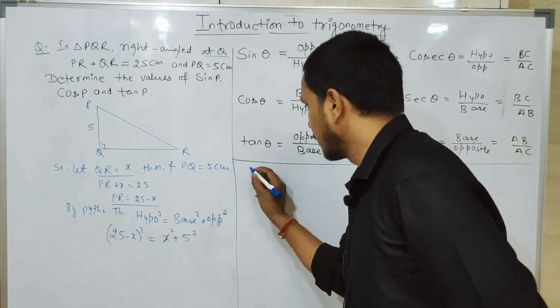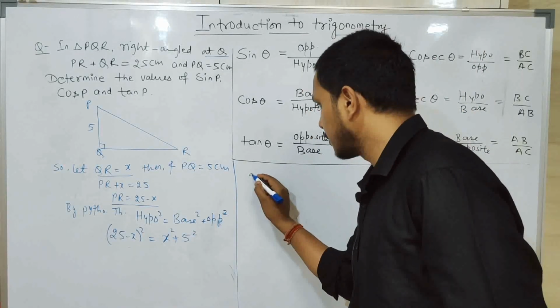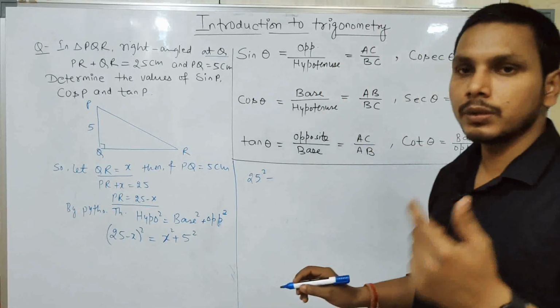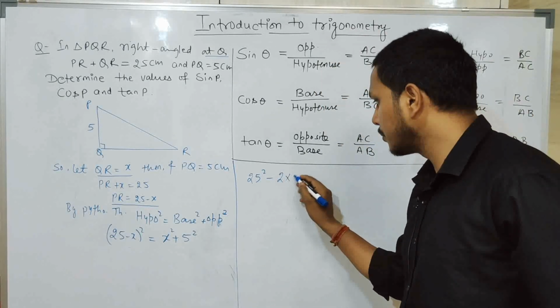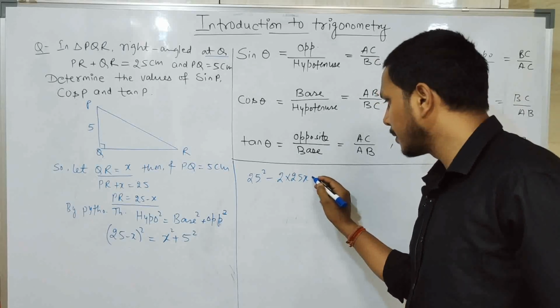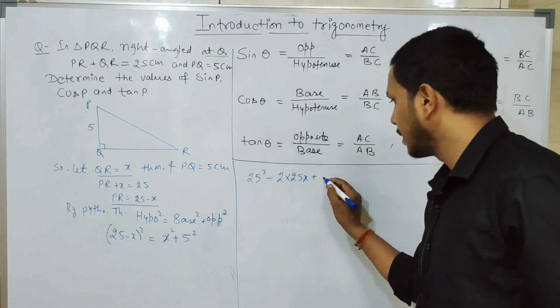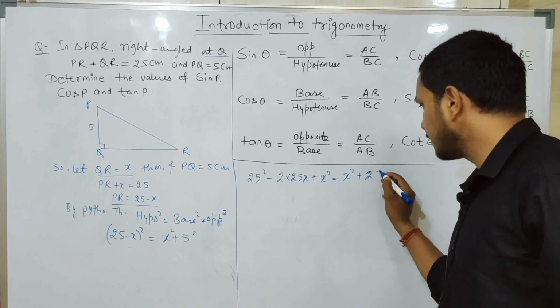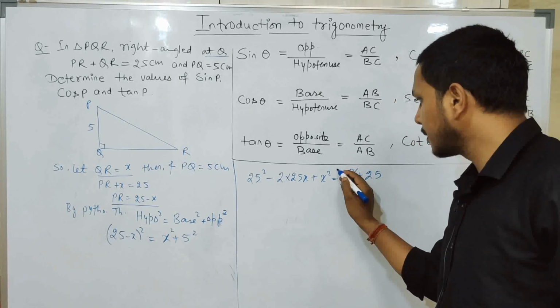Now expand the bracket with the formula a minus b the whole square. We write here 25 square, that is a square, minus 2ab, which is 2 into a into b, plus b square. x square equals to x square plus 5 square, which is 25. x square cancels out.